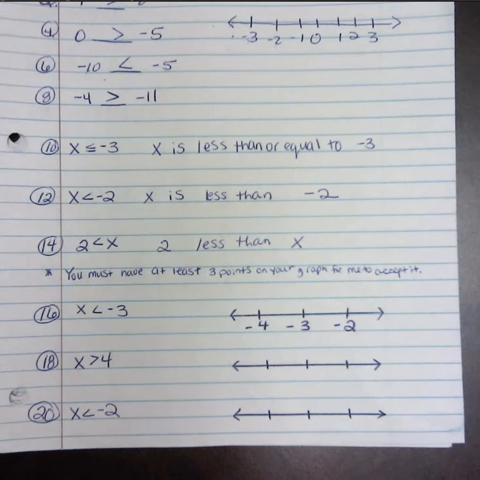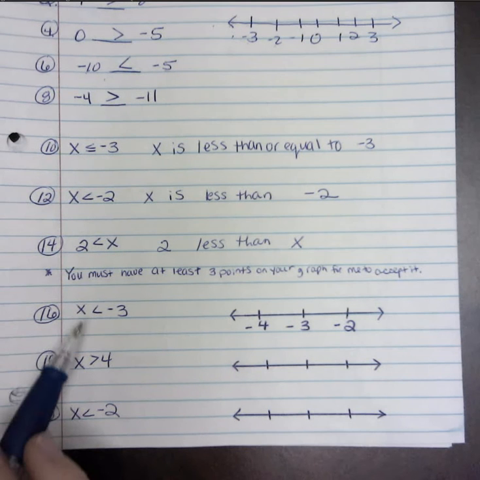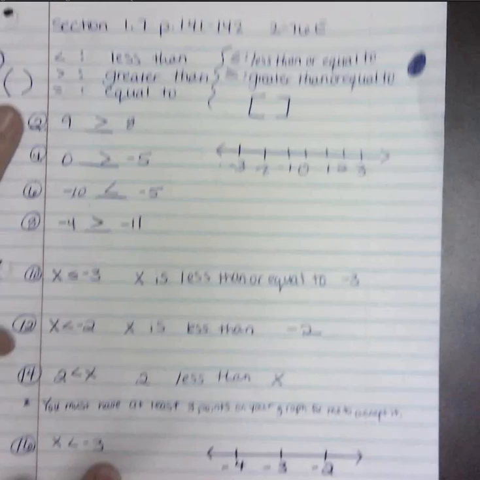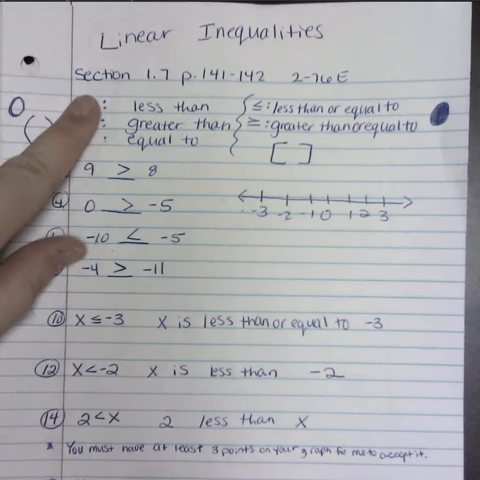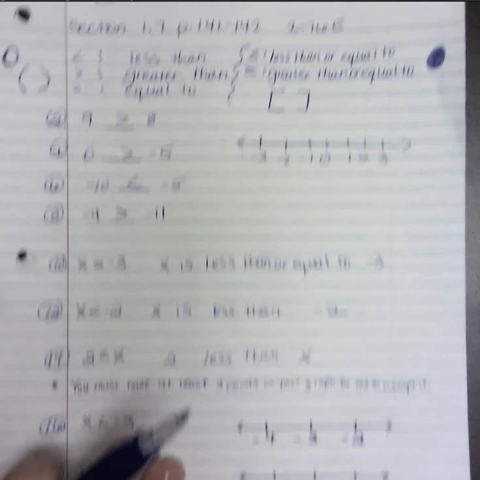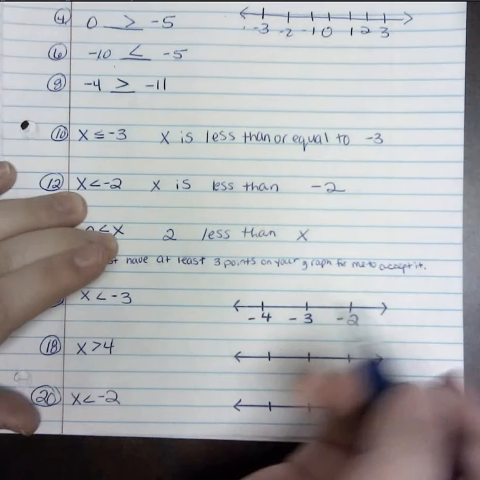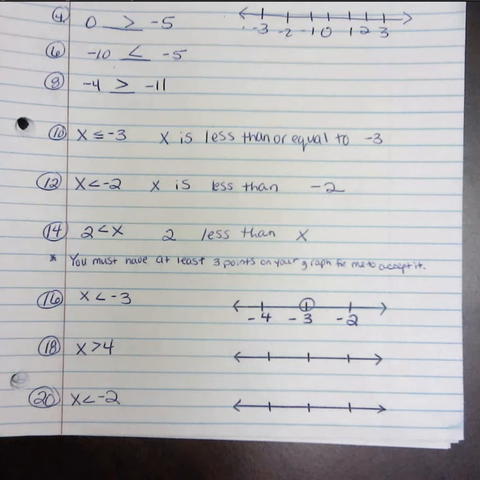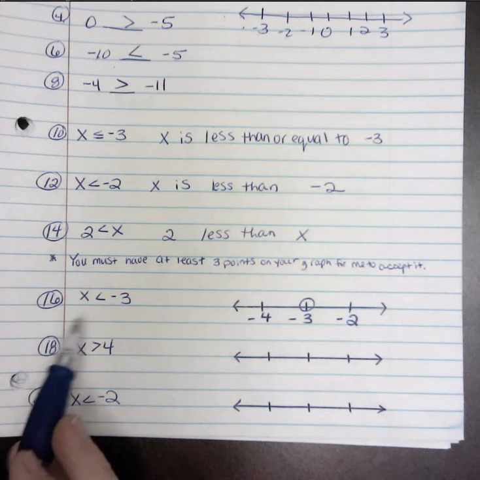Okay? So now, notice we have a less than symbol, and it says in our chart up here, whenever we have a less than or greater than, we're going to use that open circle. So we're going to put an open circle on that -3 tick mark. Now, the problem says x is less than -3.